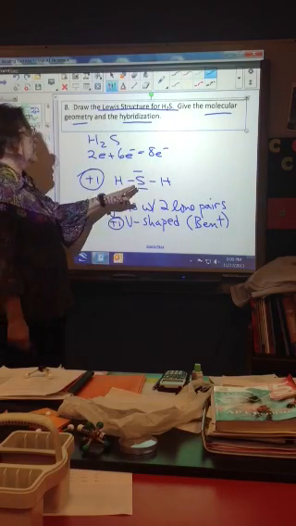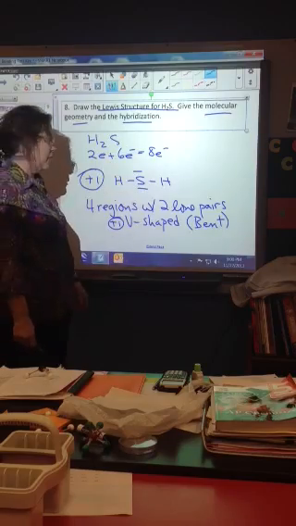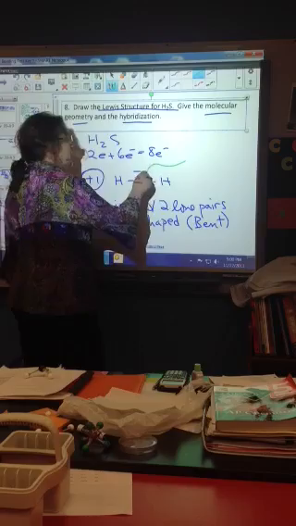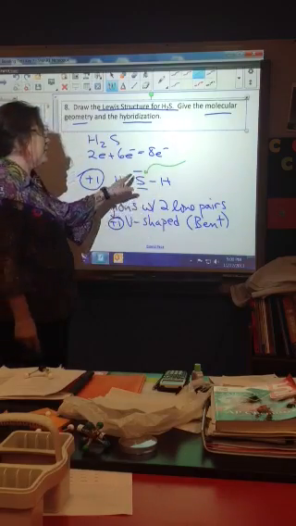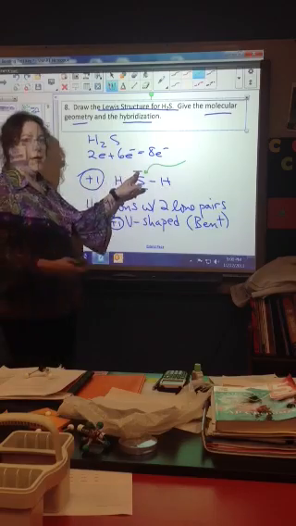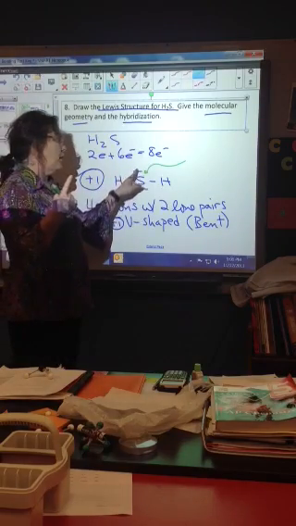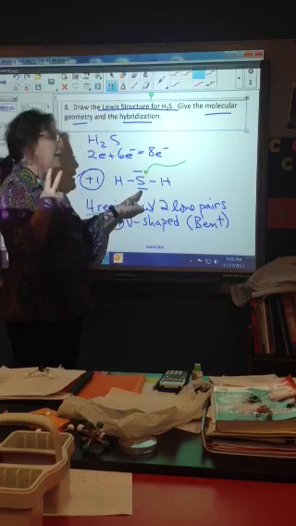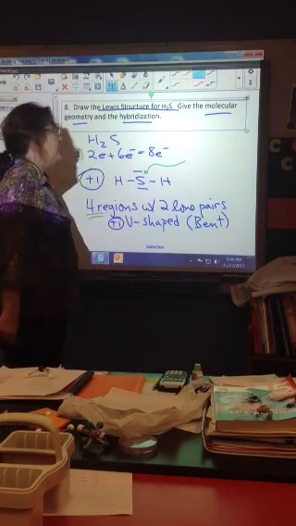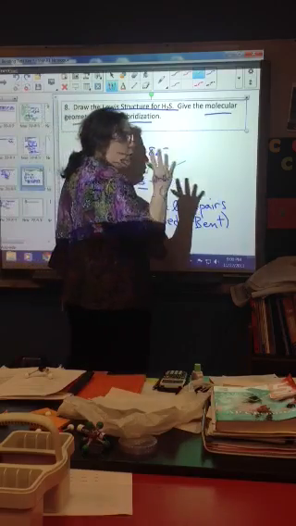And then the hybridization. How do we get hybridization? We count regions. How many regions? We've already done that. It's 4 regions. So 1, 2, single bonds count as another region, 3, 4. So 4 regions means we mixed 4 orbitals.